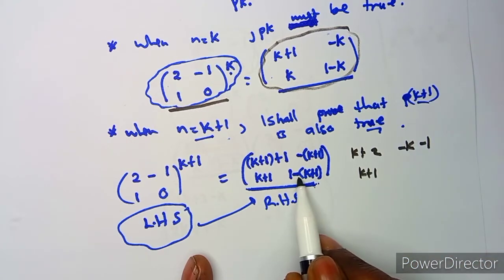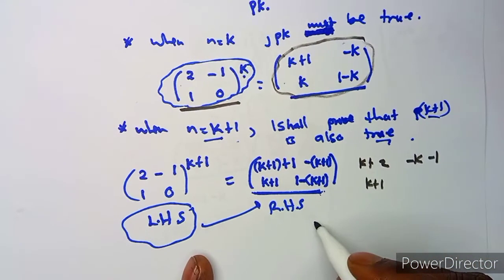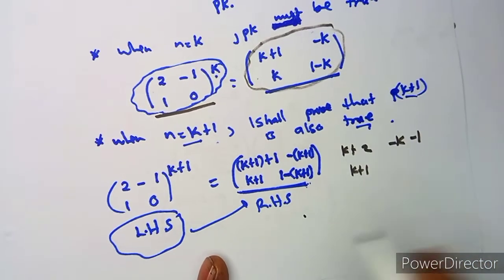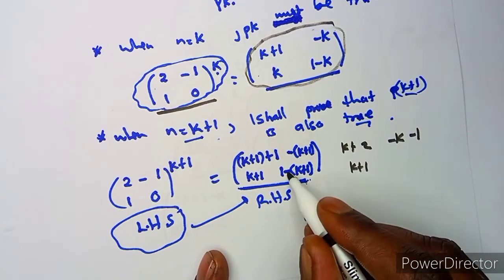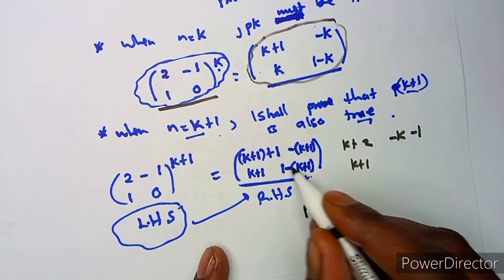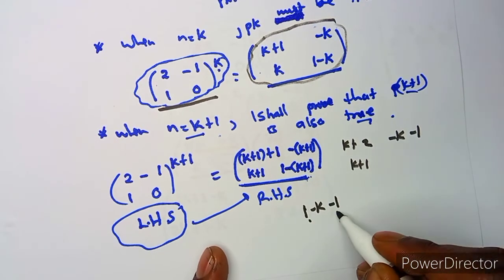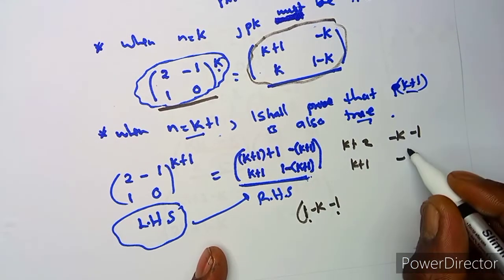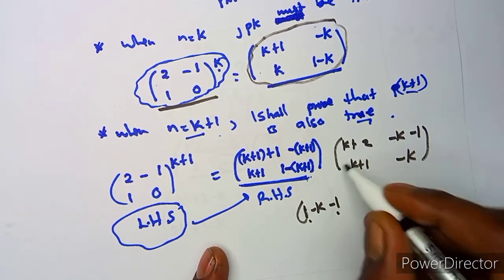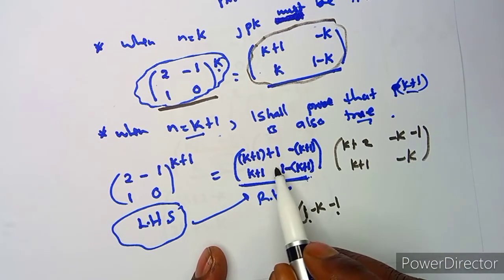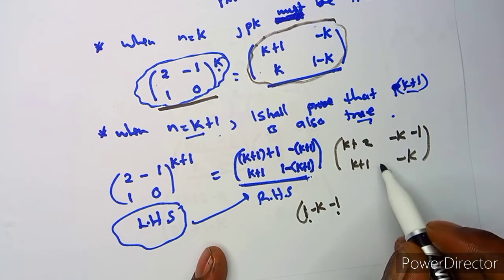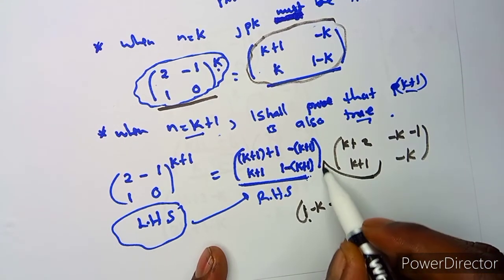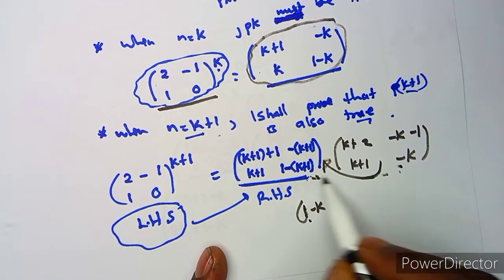This one, if you expand brackets, I want you to see 1 minus k, minus times 1, which is minus 1. 1 minus 1 is 0, so it's minus k like this. So it means this part that we have to prove in its simplified version, this part and this part, they are simply the same.